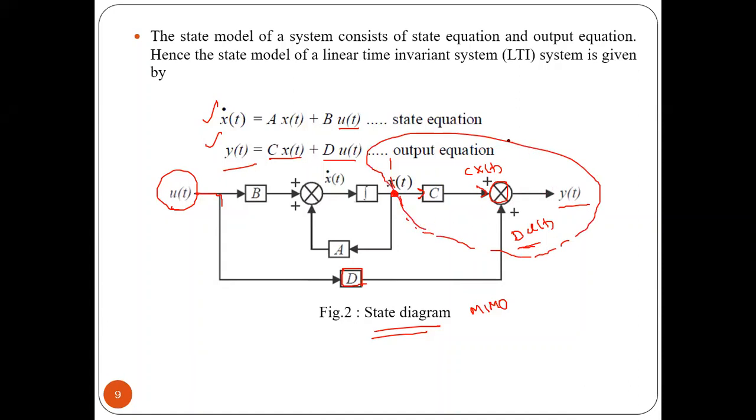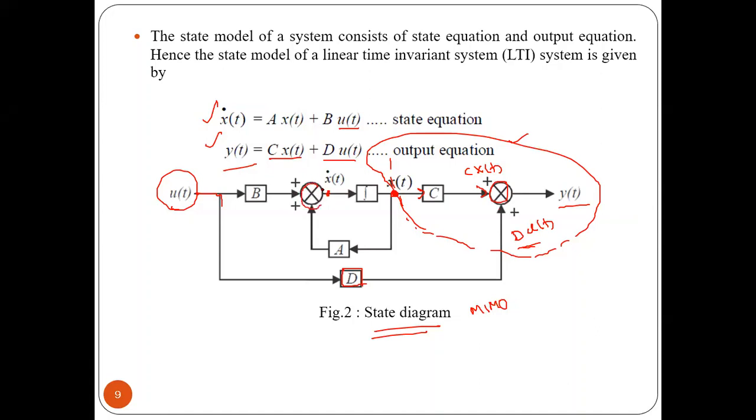The output equation. And continue the block diagram with the state equation. State equation is nothing but x dot of t is equal to A into x of t plus B u of t. You assume somewhere x dot of t is here. And this x dot of t is the sum of two terms.